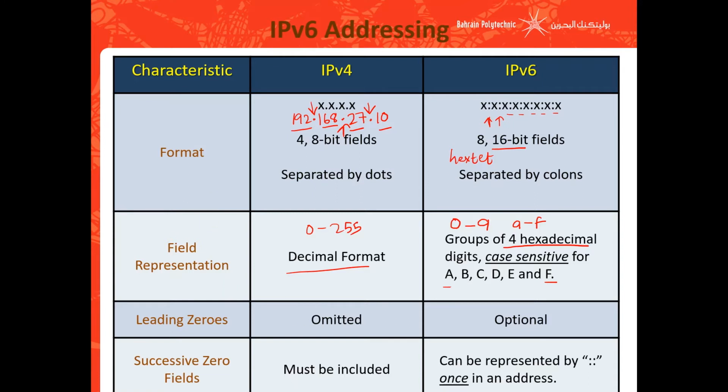Now, in IPv4, you do not have leading zeros. So if the IP address was something like the one I just showed you, you can't write it as 192.168.027.010. You can't write the leading zeros if one of the digits is missing; we omit that. But in IPv6, it is optional to write the leading zero.